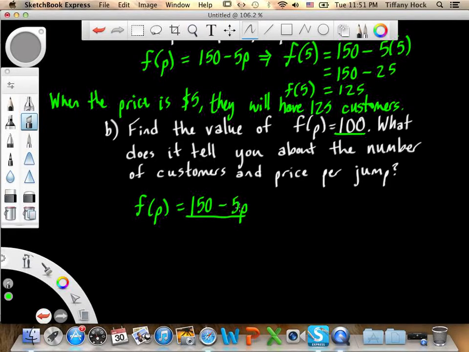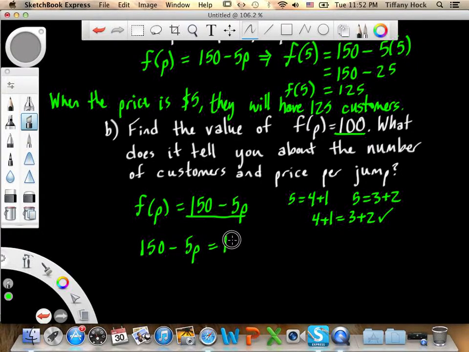Kind of like if I said 5 is equal to 4 plus 1, and 5 is equal to 3 plus 2, we would all agree that that means 4 plus 1 is the same thing as 3 plus 2. Okay, that works out. So I'm going to take the right side of each of these equations, and I'm going to say, okay, then if that's the case, that they're both equal to f of p, then 150 minus 5p is equal to 100.